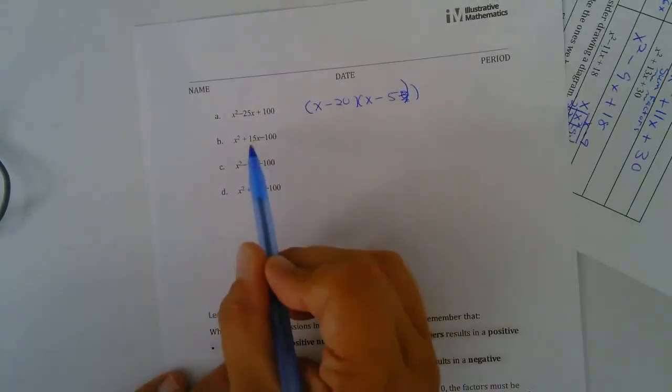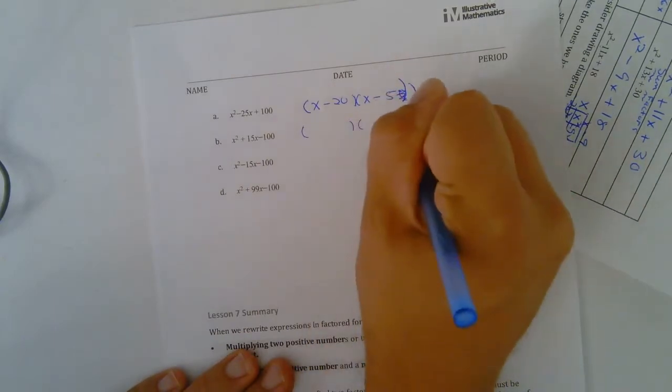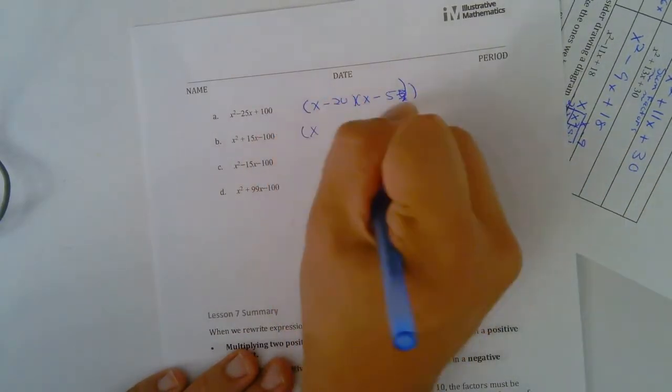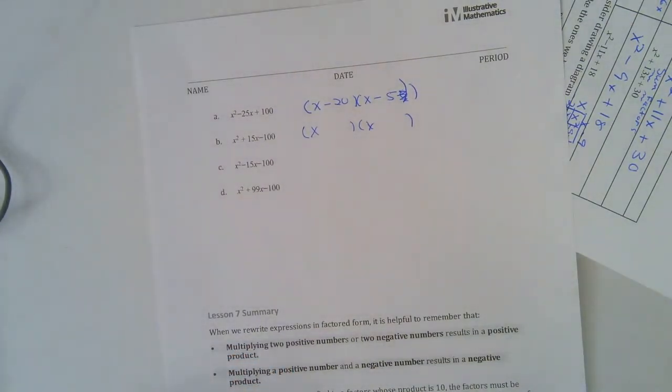So here, if we had factors of negative 100 that sum to be positive 15, we would have x here and x here. What we would do is look for where it was factors of negative 100.